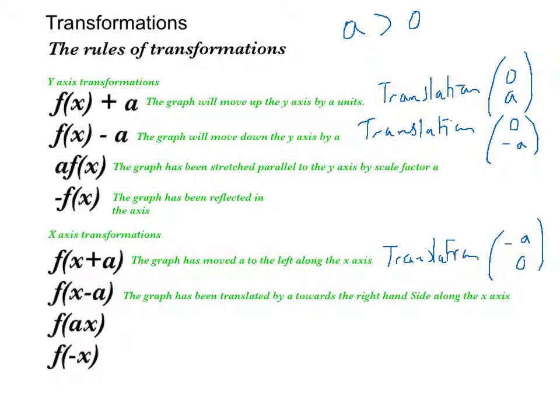So for you guys, again, we need to say that there has been a translation by a and 0. So you see again, you'd think, oh, it goes to the left, but actually it goes to the right.